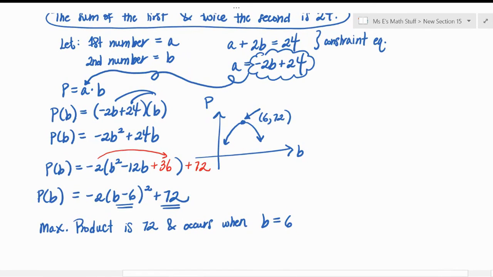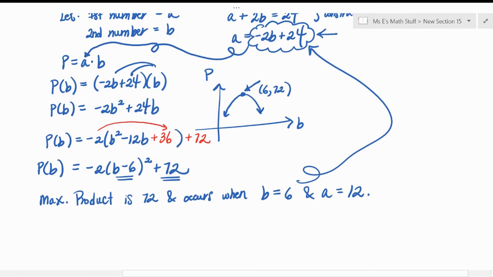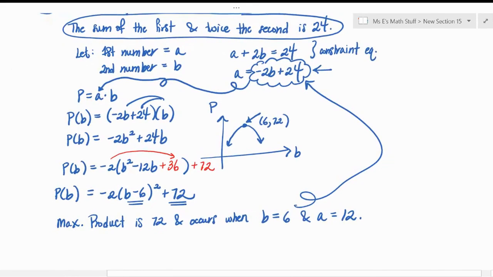Another nice way would be to take B equals 6 and back substitute it into the relationship between A and B. Negative 2 times 6 is negative 12, plus 24, which is 12. So the two numbers that give you the maximum product are these two numbers right here.